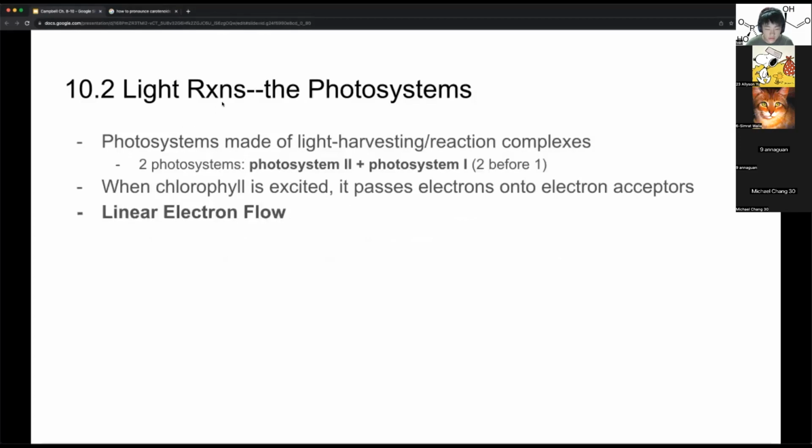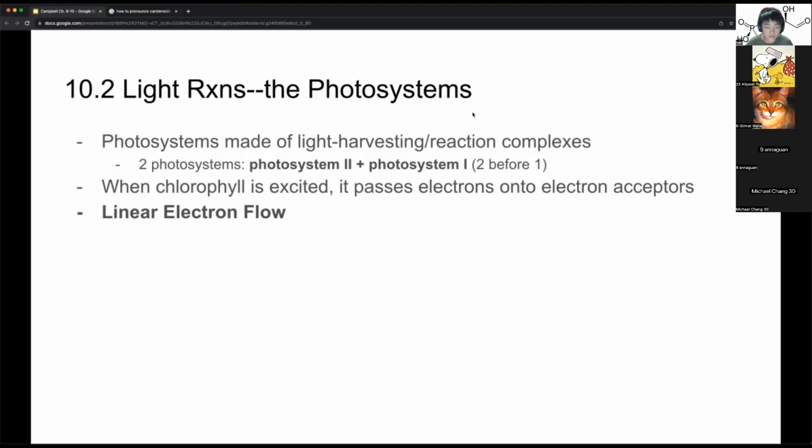Anyways, the photosystems, the light reactions. The most important thing here is linear electron flow. Here are the notes Anthony gave me. Light harvesting center: carotenoids, accessory pigments, and some chlorophylls catch photons and ferry energy to the reaction center. The reaction center, a pair of chlorophyll A molecules, provides energized electrons to the primary electron acceptor.